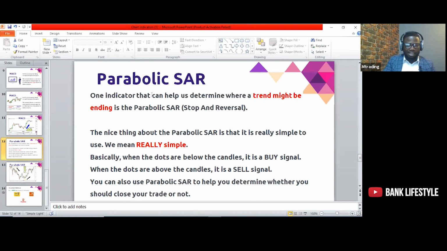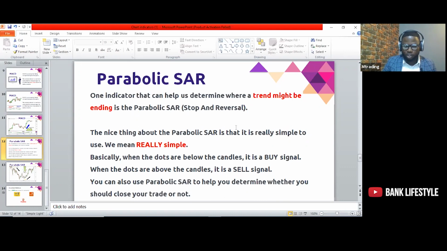I think I just fell in love with the name first, and then I put it on my chart, and that's where it gave me the excitement to learn more about it, and I really got to master the use of this Parabolic SAR.